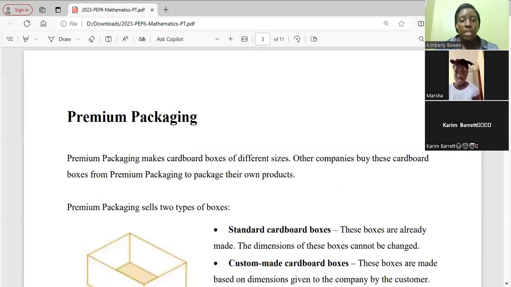Let's go ahead and read the scenario. It says premium packaging. Premium packaging makes cardboard boxes of different sizes. Other companies buy these cardboard boxes from premium packaging to package their own products.